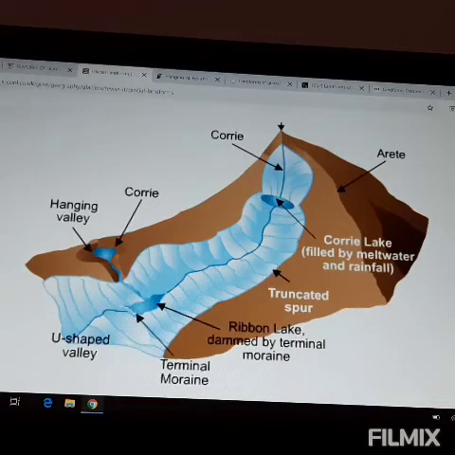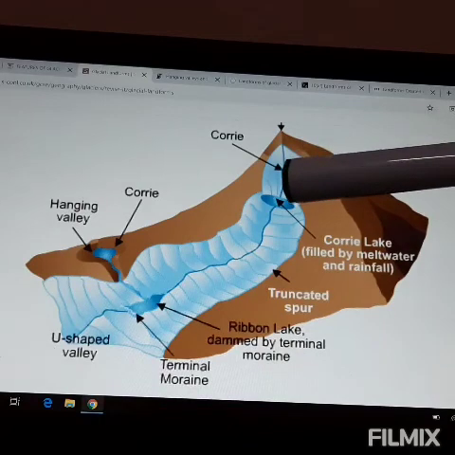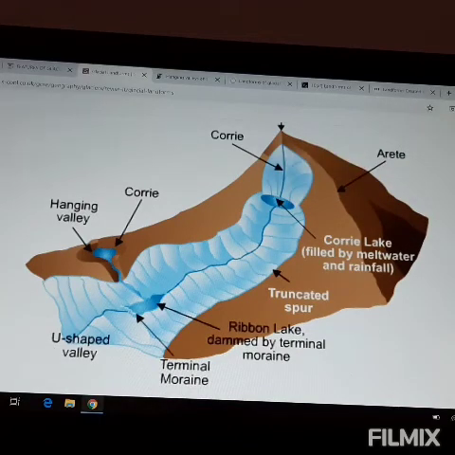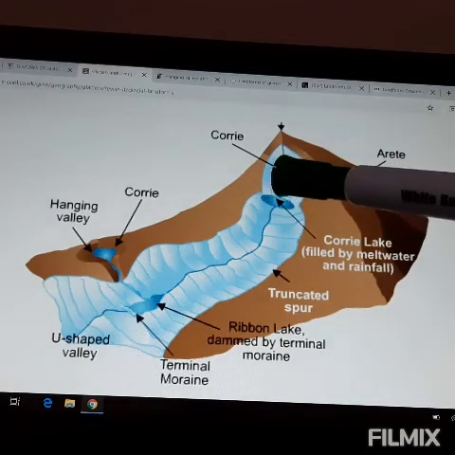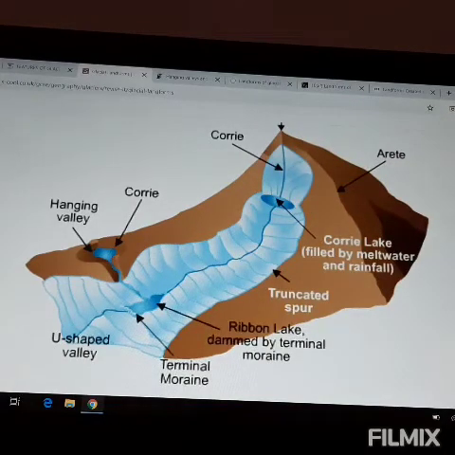Later the hollows are covered with water and turn into lakes. Here you find the glaciers. This one you find corrie lake, filled by melt water and rainfall. So here you find the collection of water.